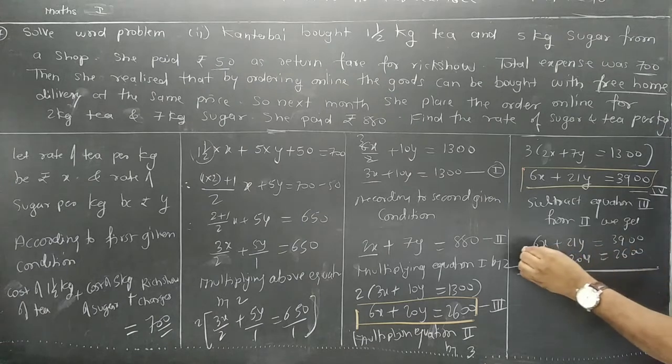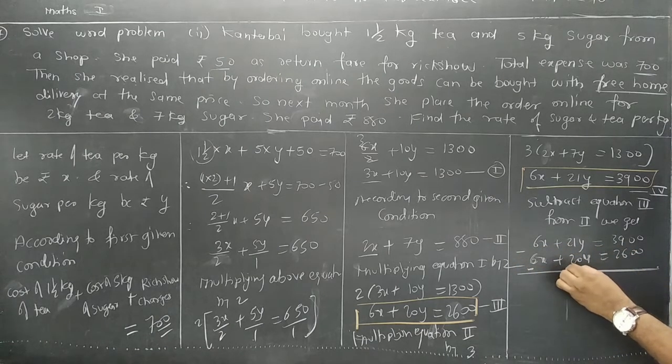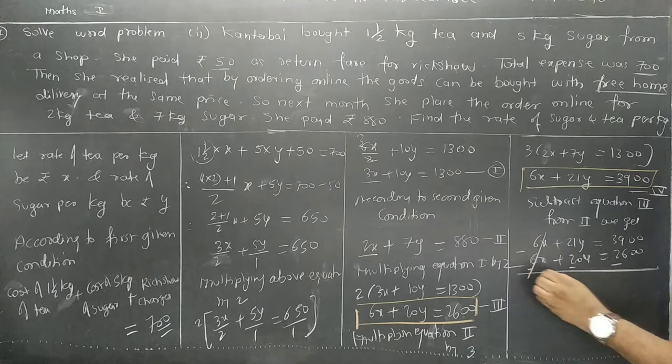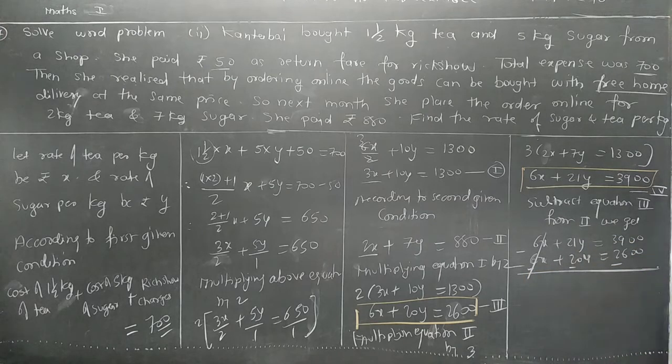When I am subtracting, you have to put minus, minus and minus. So this gets cancelled, and when you subtract, we get 1y is equal to.